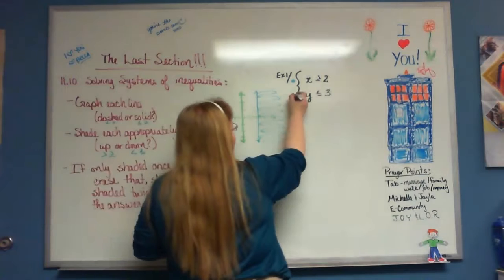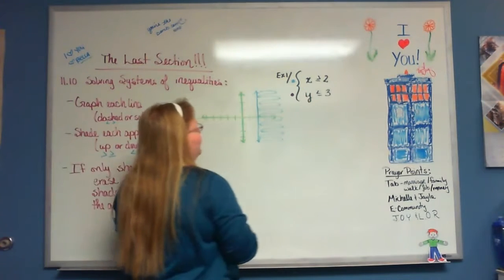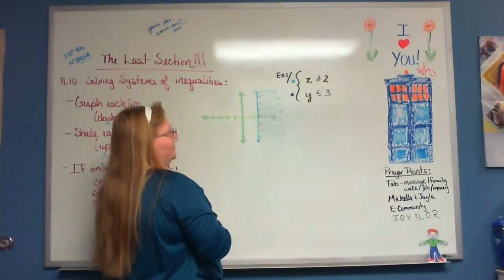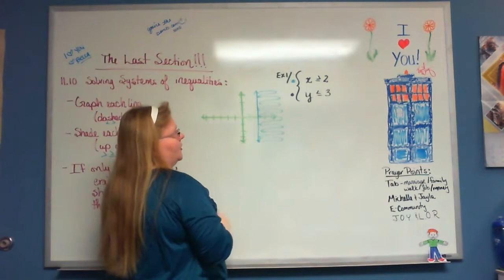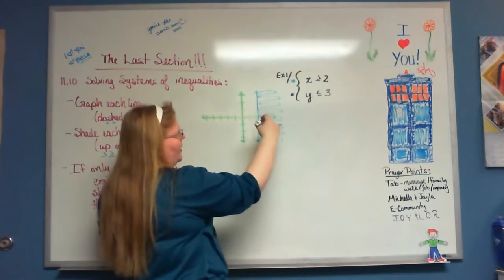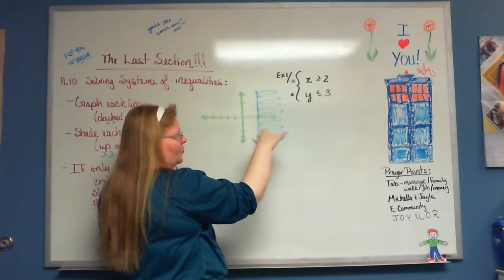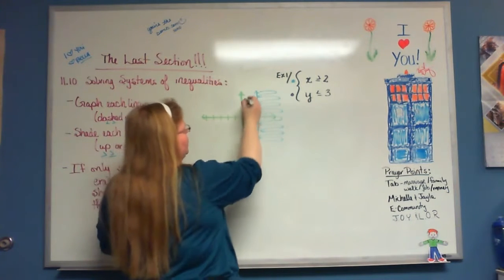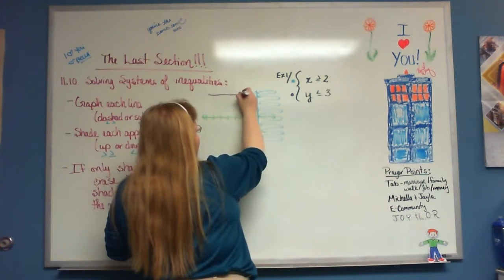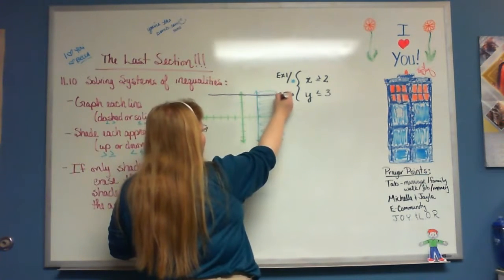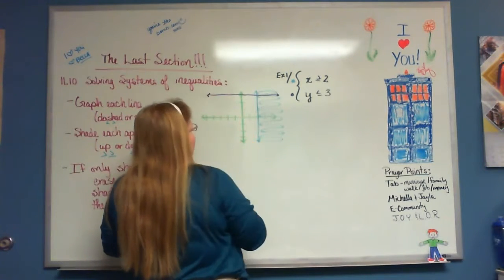You need to stay away from that color. It's a little too light for you. The bottom one we're going to do in purple. That says y is less than or equal to 3. We learned in chapter 9 that y equals a number means it's going to be horizontal. So this is going to be horizontal at 3. That's up here. It's got the equal to, so it's going to end up being a solid line like that.